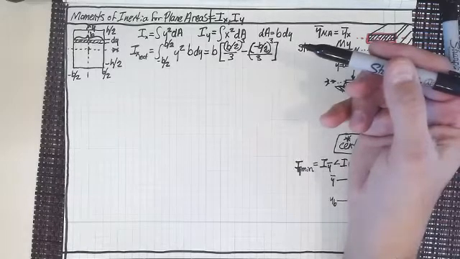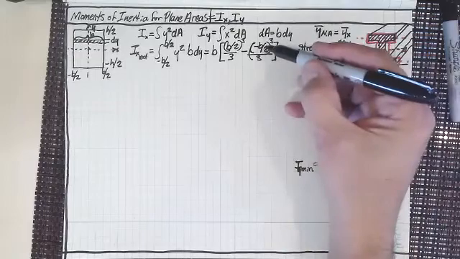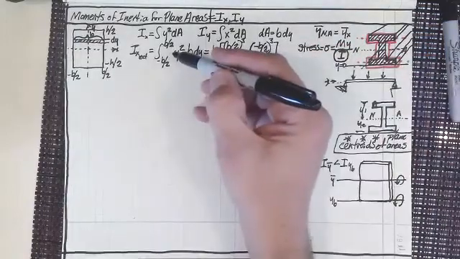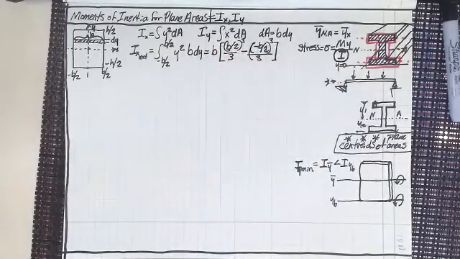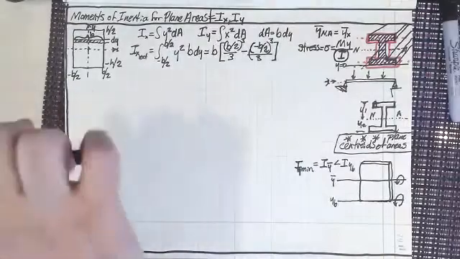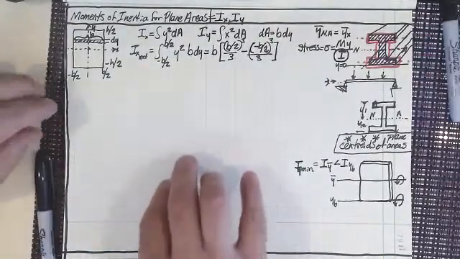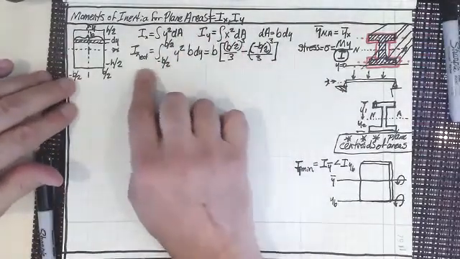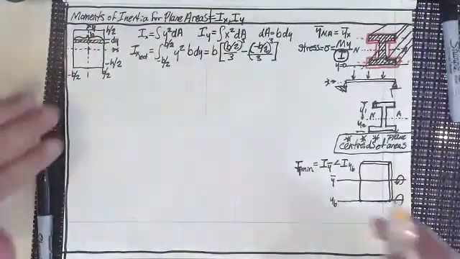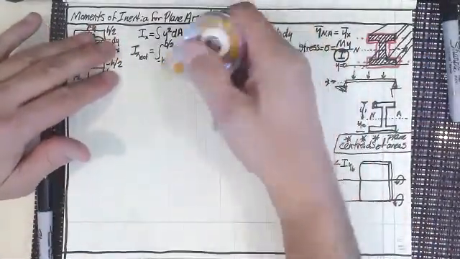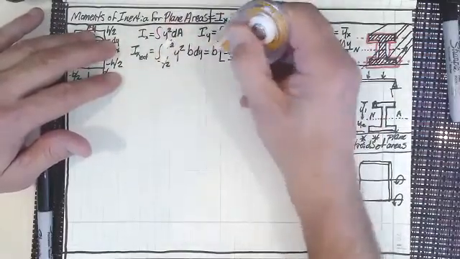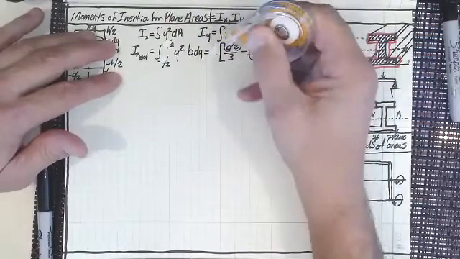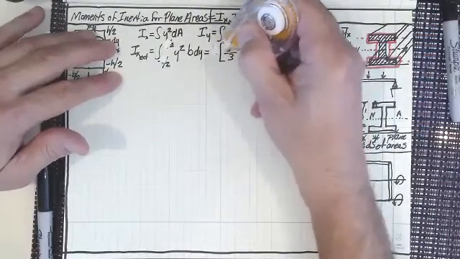Okay. Just a second, oh no, that's supposed to be h over 2. Oh, I switched the things around. Yep, I switched my h's and my b's around from the workbook that I'm taking this out of, but that's okay.